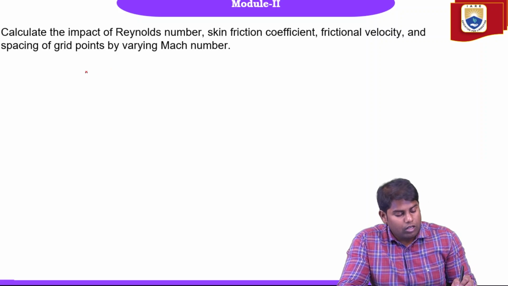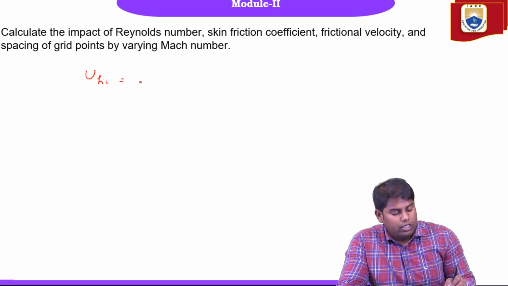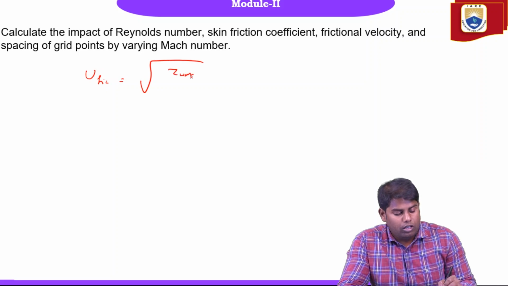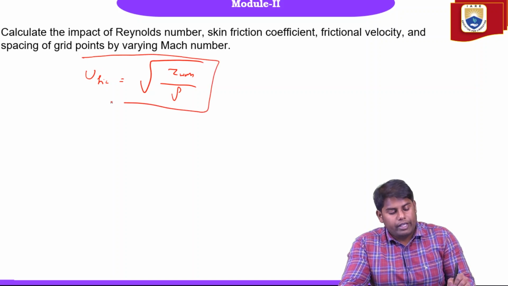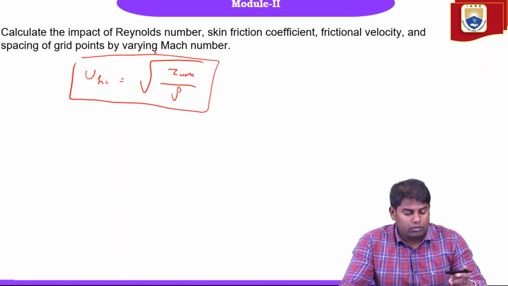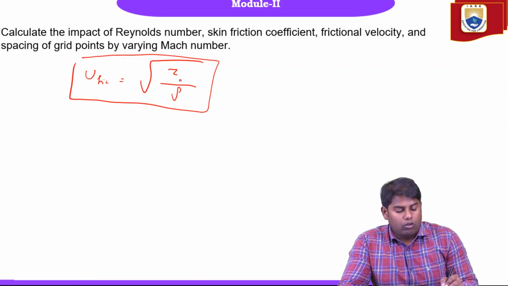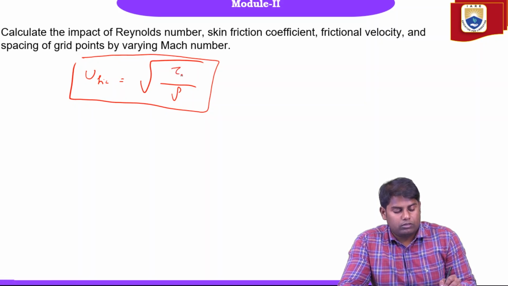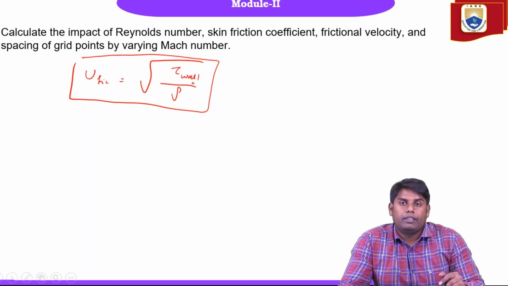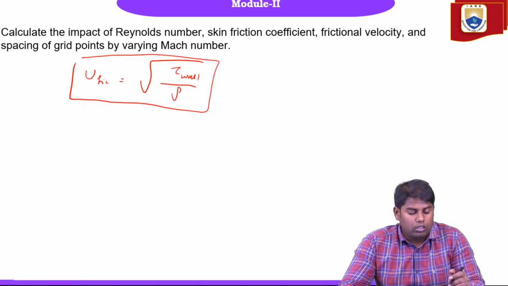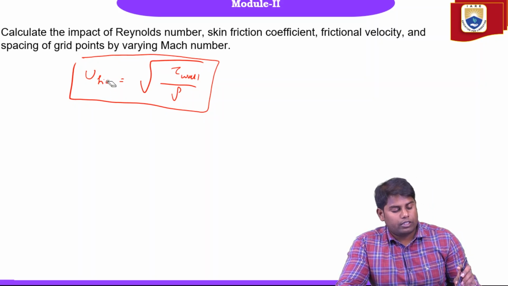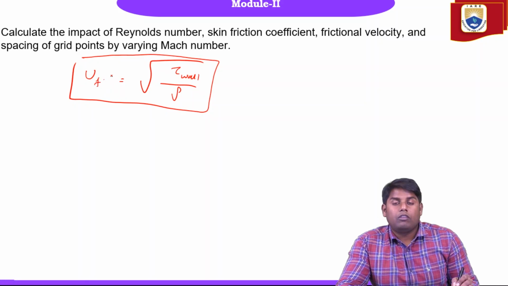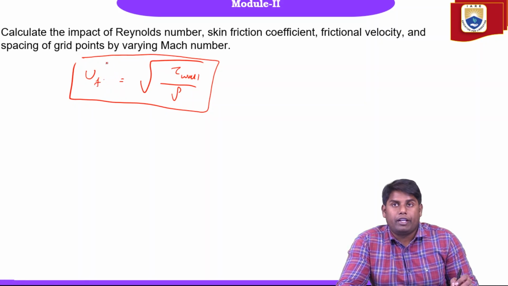Next, u of frictional velocity is equal to square root of tau of wall divided by rho. So once we calculate the tau of wall, the frictional force on the wall, we will get the velocity of the flow in terms of the frictional quantity.